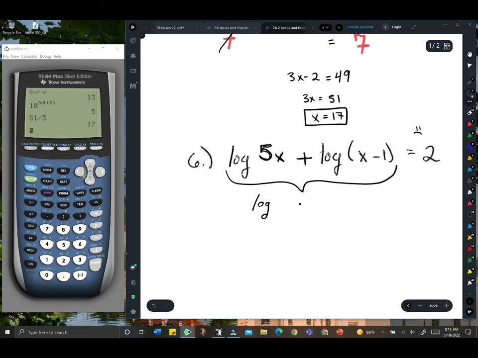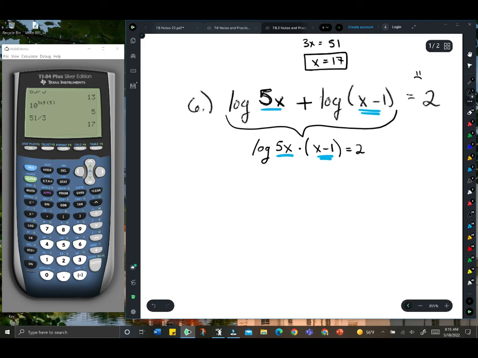So we really just have the log of 5x times the log of x minus 1 equals 2. Now we want to do a bit of FOIL or distributing. So we really have the log of 5x squared minus 5x equals 2.